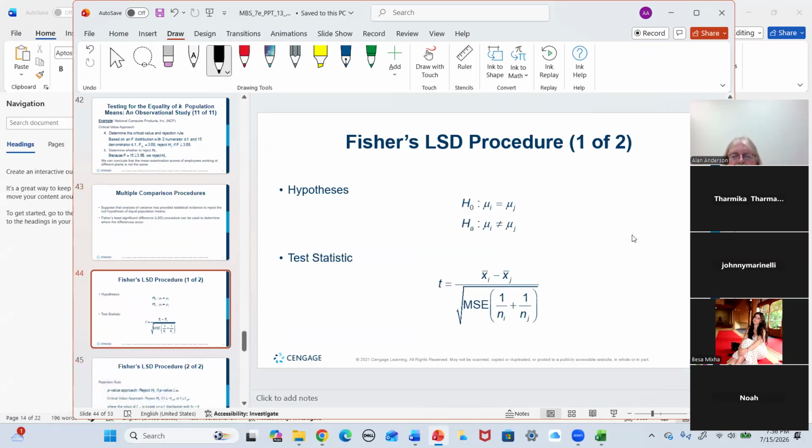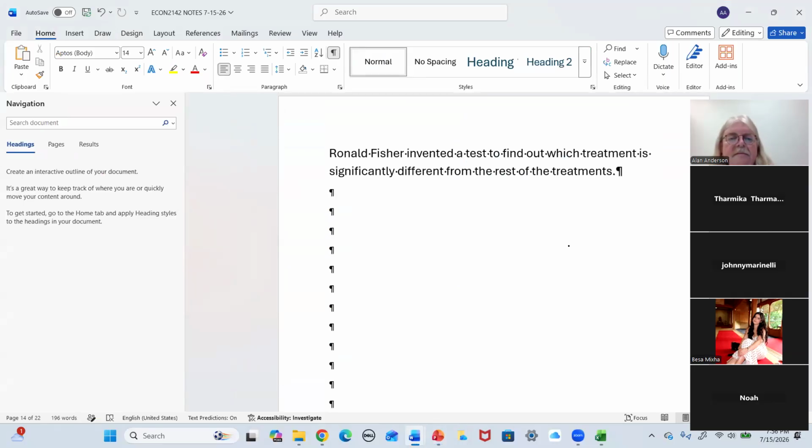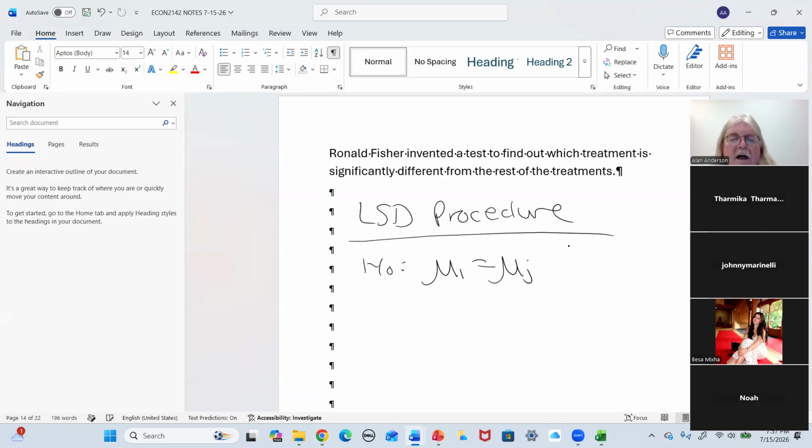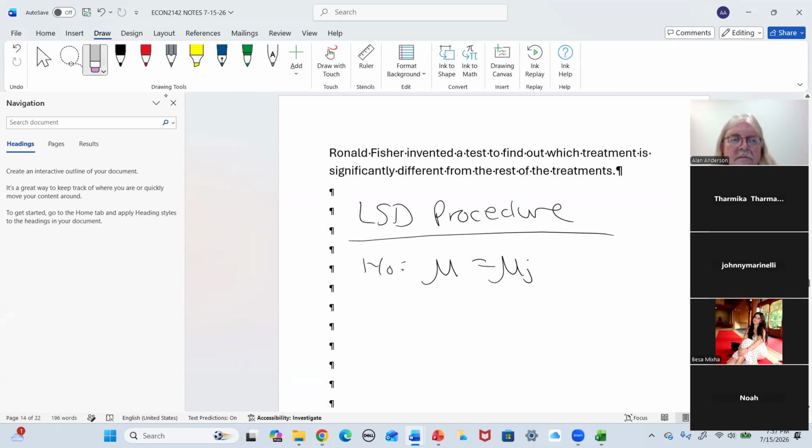So, here's how this thing works. You notice the subscripts, i and j, meaning we compare the means two at a time, and we'll have to compare all of them. So let's start writing this down. Here's what LSD looks like. Actually, this is supposed to be an i. And you notice these are always going to be two-tailed tests.